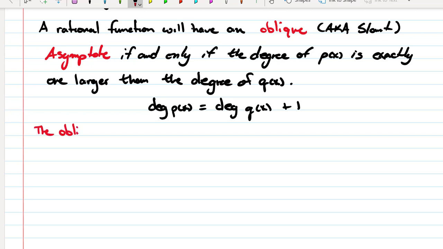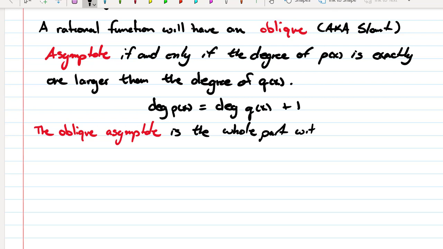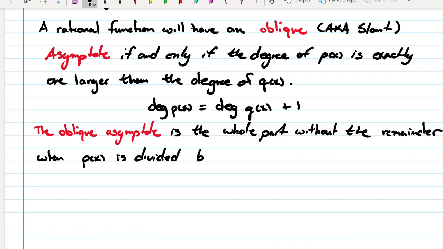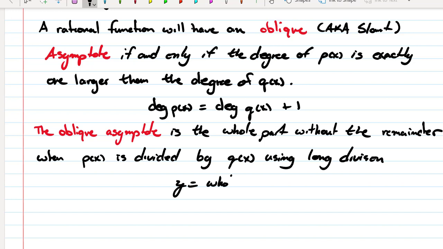The oblique asymptote is the whole part without the remainder when p of x is divided by q of x using long division. So the answer is y equals the whole part.